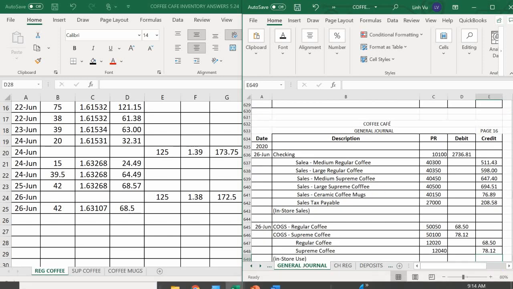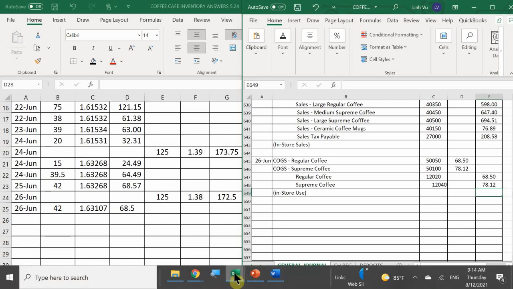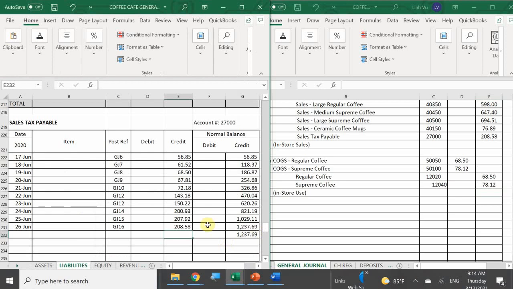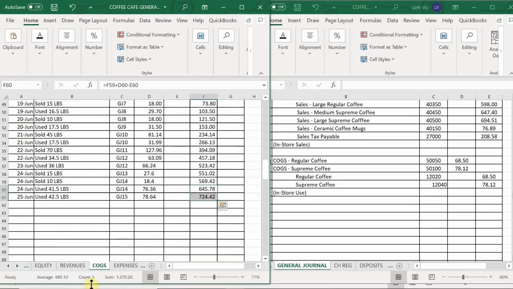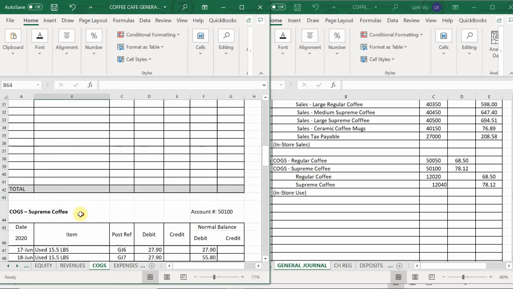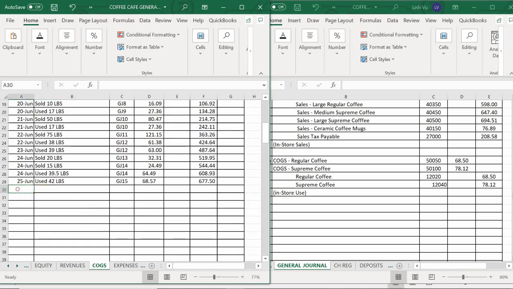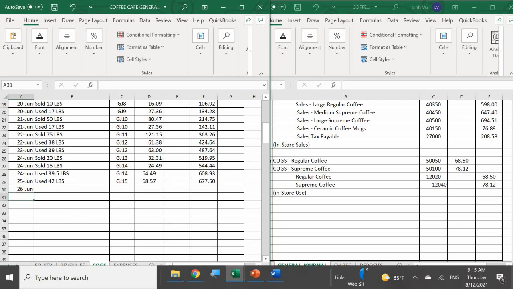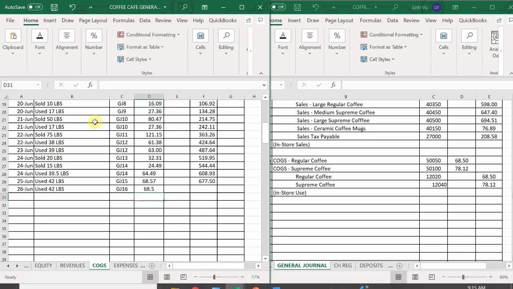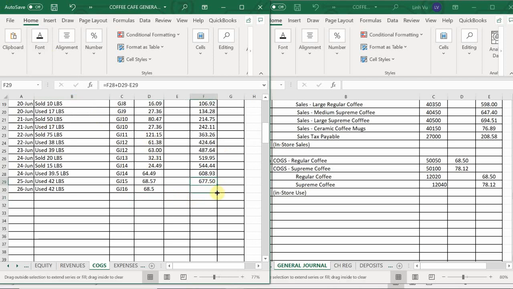Okay, so now we go to general ledger, cost of goods sold. Used 42 pounds. It's 68.50. $746.